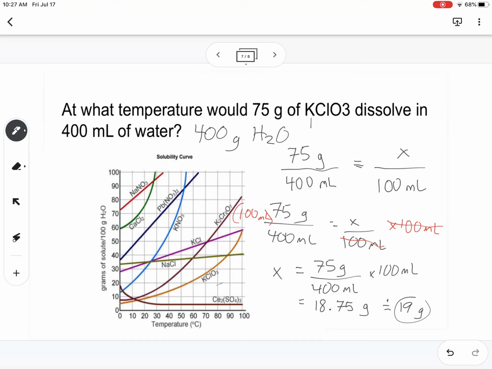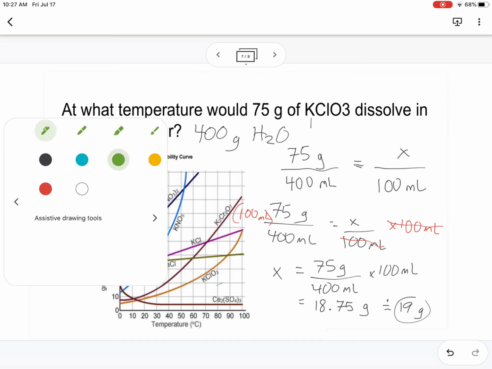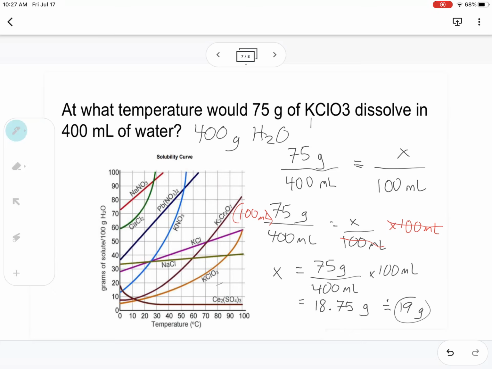So what that means is I'm going to take this information and rewrite that proportion of mass of solute to amount of water in terms of 100 grams.